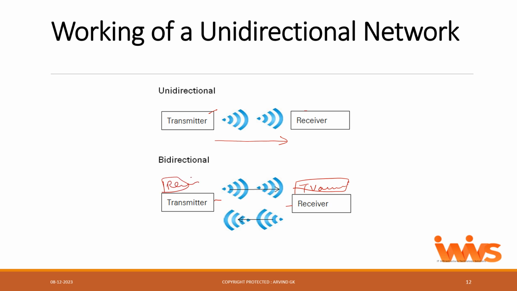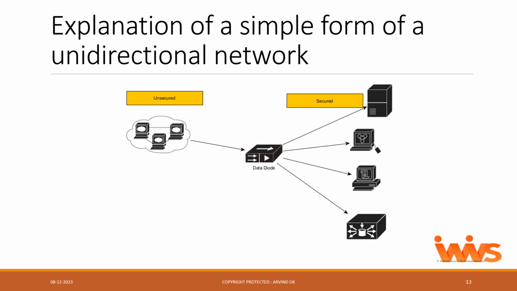Rx and TX, this will be TX, this will be Rx. They will keep on exchanging, so data will be moving between them. This is bidirectional. In our case, it is unidirectional: data will only be transmitted and received. So this is a simple diagrammatic representation of the unidirectional network.